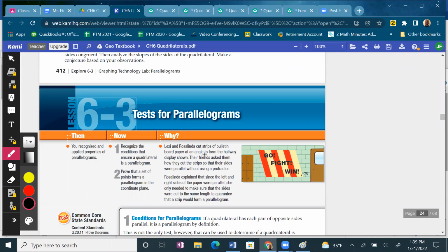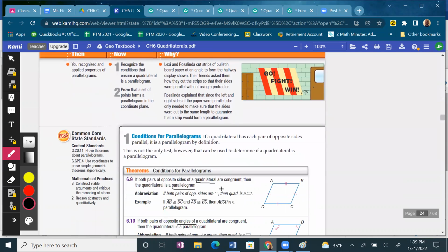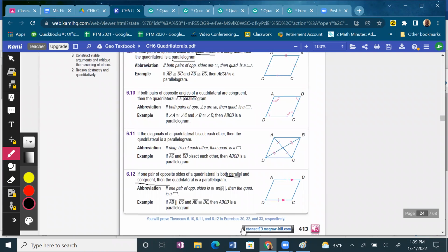Rosalinda explained that since the left and right sides of the paper were parallel, she only needed to make sure that the sides were cut to the same length to guarantee that the strip would form a parallelogram. Well, there you go. Good job, Rosalinda. What theorem did she use? Saying that the sides were parallel and congruent to make sure they're the same length, she used theorem 6.12.